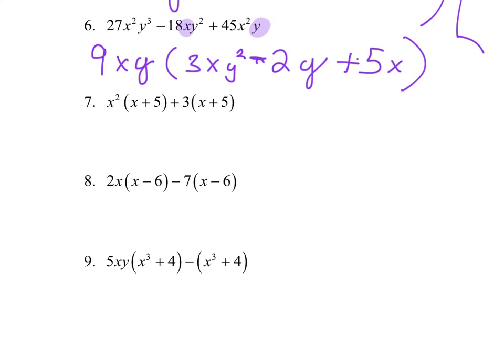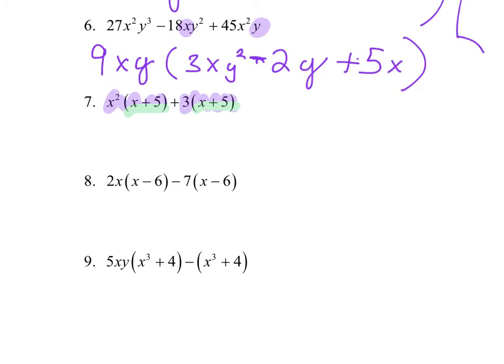Okay. Now notice this is an interesting problem. I have 2 terms here, separated by a plus sign. So I'm looking for what they have in common. The x squared and the 3 are not in common, but they do have the x plus 5 in common.